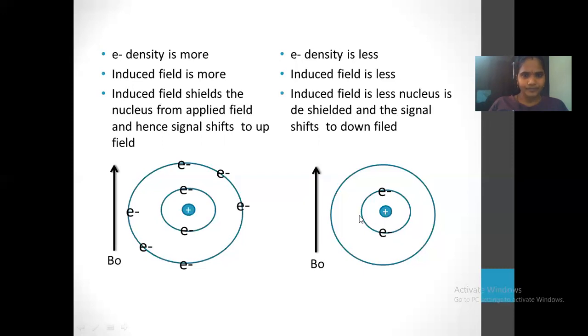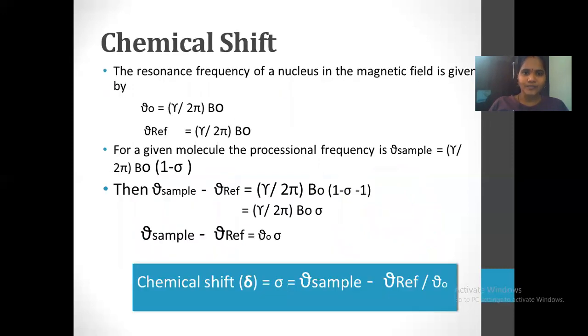The chemical shift can be calculated mathematically. The resonance frequency of the nucleus kept in the magnetic field is given by gamma by 2 pi into B0.